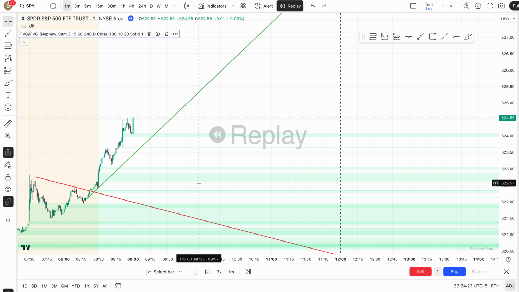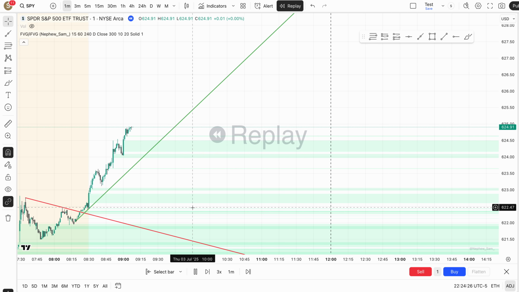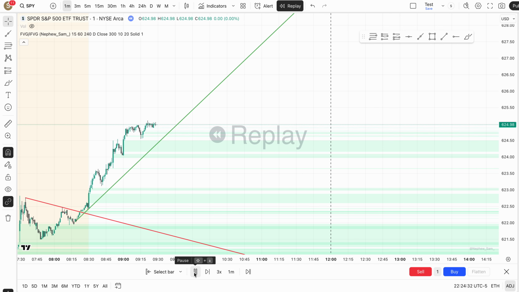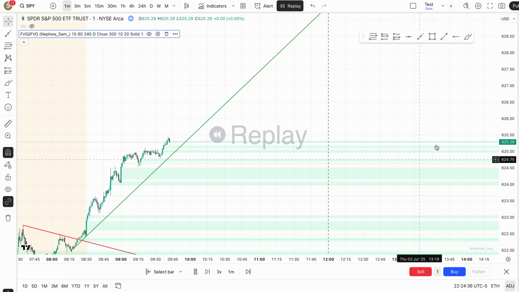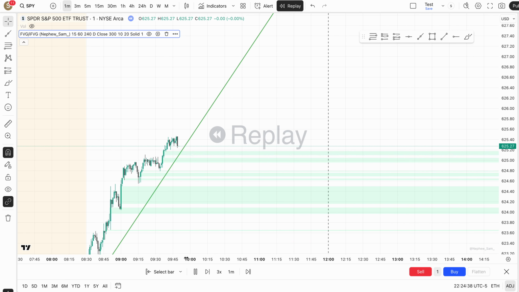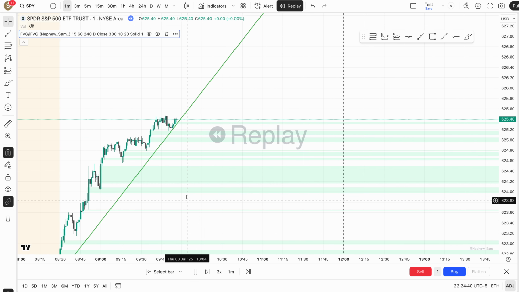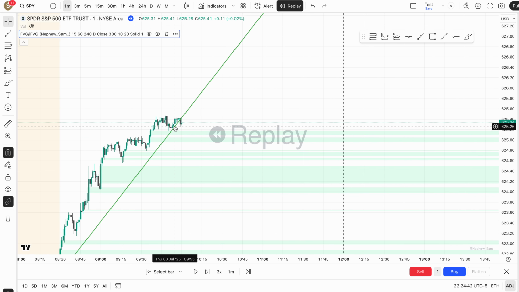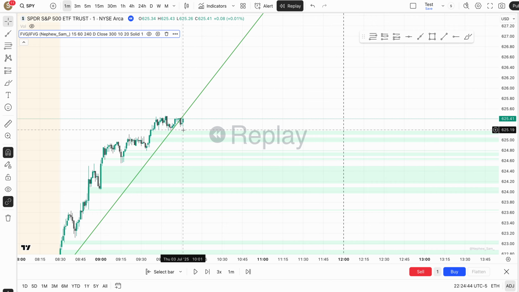Okay, we're going 3x. Still good. Still in the calls. Okay, we got a bounce here, and then we got the candle close here.